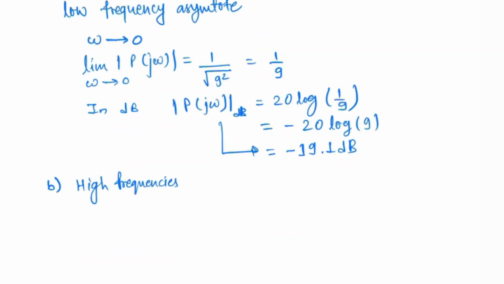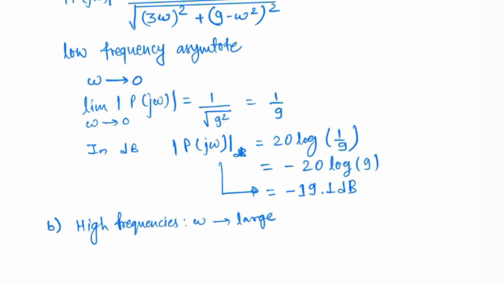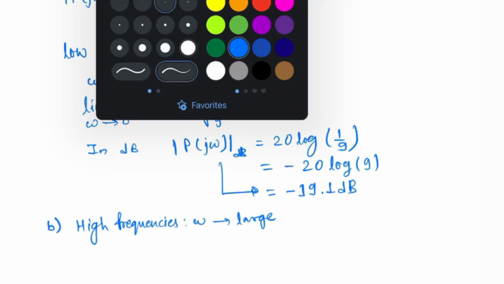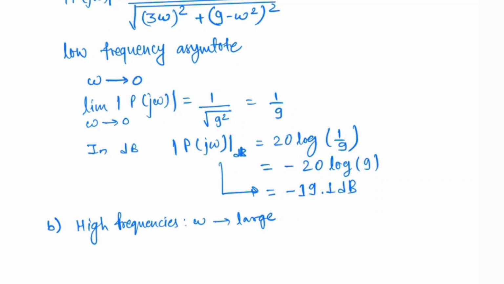So say omega is large, and if we were to open this denominator, I will open this term first. That will be omega power 4 minus 18 omega square plus 81, and we'll have plus 9 omega square from here.